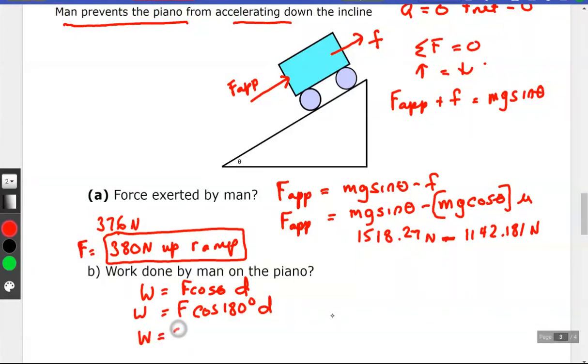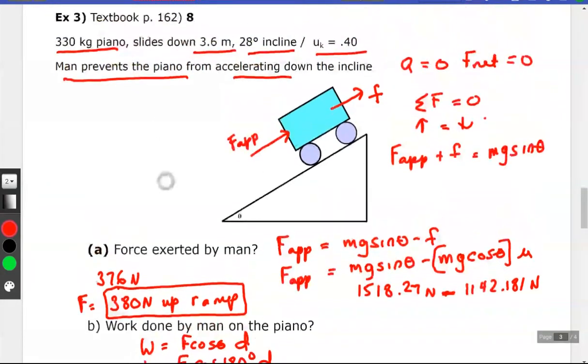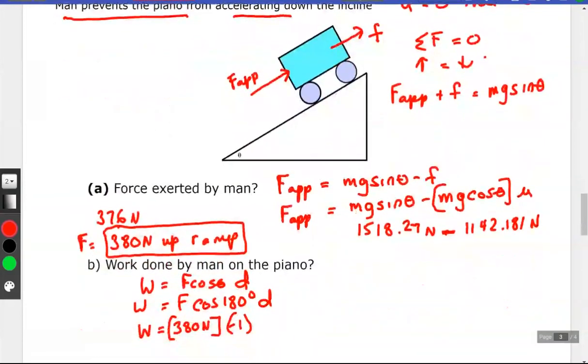So the force is 380 newtons. We found it. This is the work done by the man. That was his force. Cosine 180 is negative 1. The d is given as 3.6 meters. We'll just multiply it out. Times 3.6 times 380.